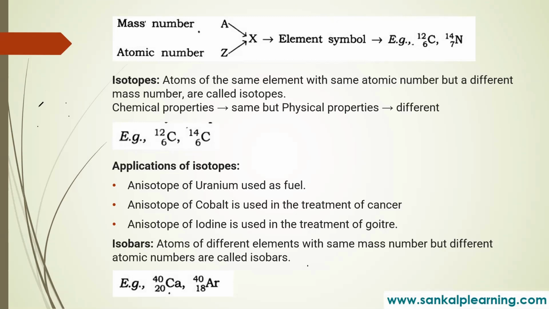See, chlorine occurs in nature in two isotopic forms: one is having 35 as a mass number and another one is having 37 as a mass number, in the ratio of 3:1. This is one question they are asking you here.